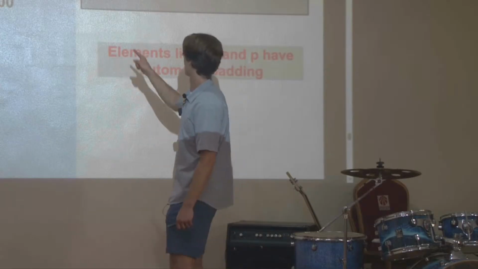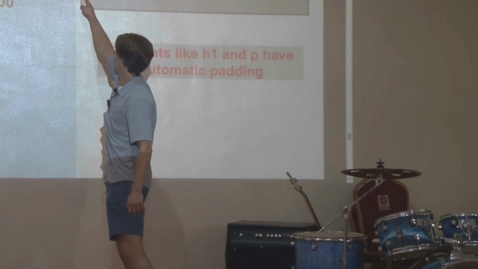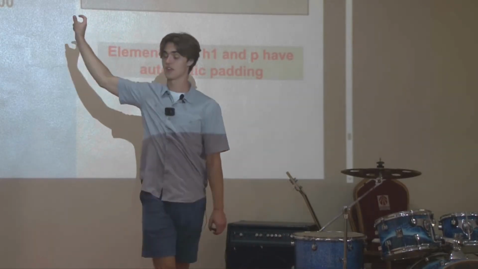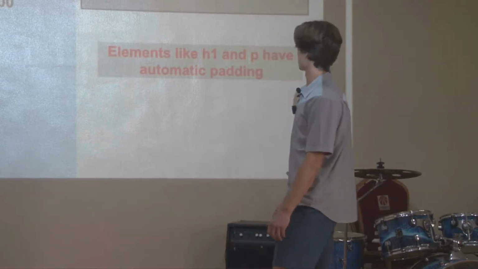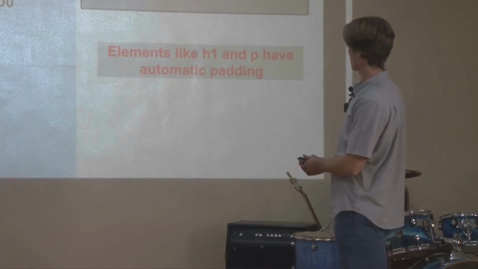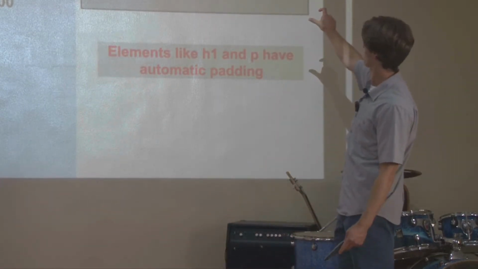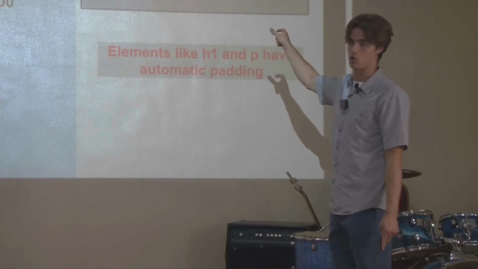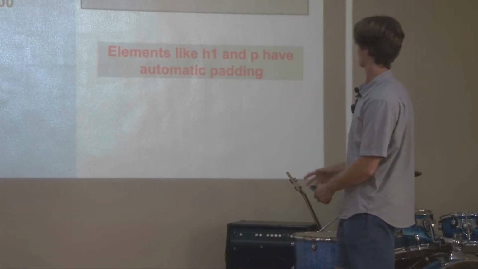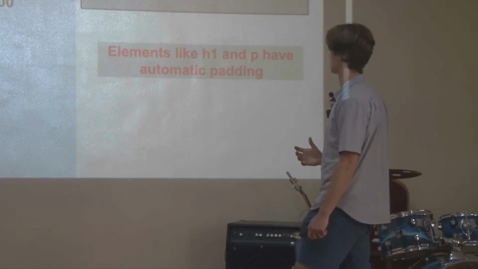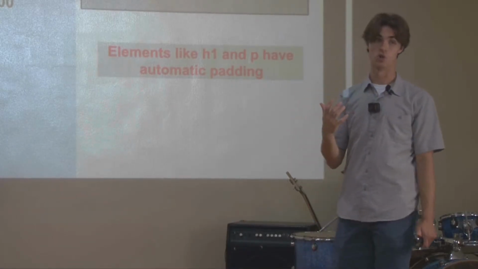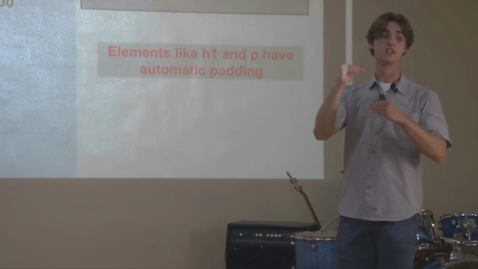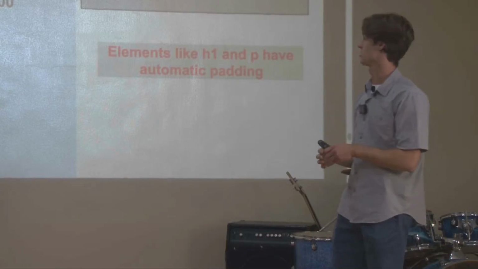We can see that here to the left of the text is 10 pixels between the edge of the container and the text. And now if you'll notice, there's a big gap between Hello World and the generic paragraph text. And that's because elements like H1 and P have automatic padding and margins. So they inherently come with space on top and space on the bottom.